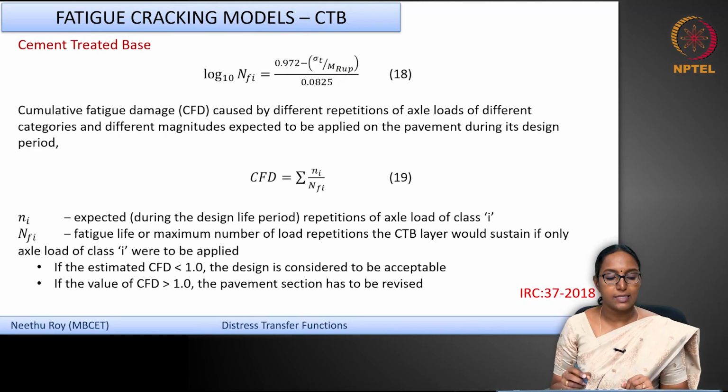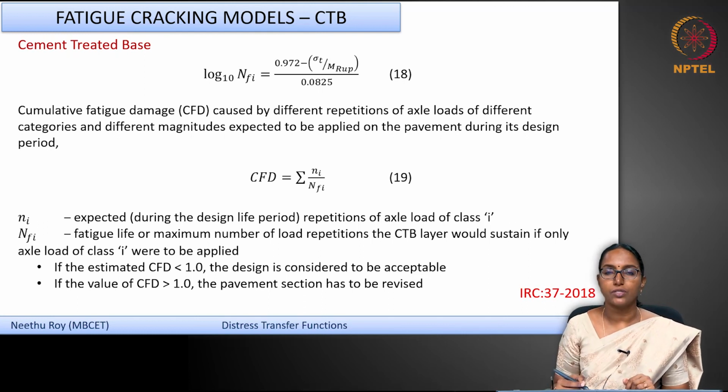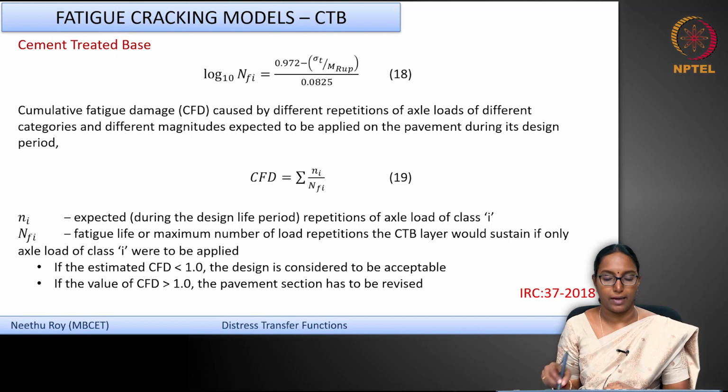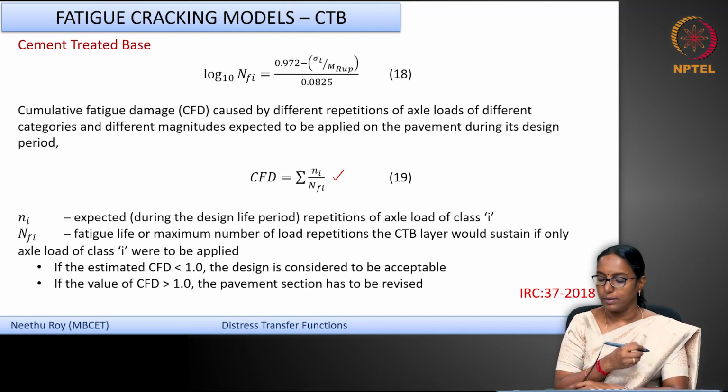Now the cumulative fatigue damage as per Miner's approach, caused by the different repetitions of the axle loads for different categories and different magnitudes which are expected to be applied on the pavement during the design period, can be calculated as the sum of Ni by NFi. So this is your Miner's approach.